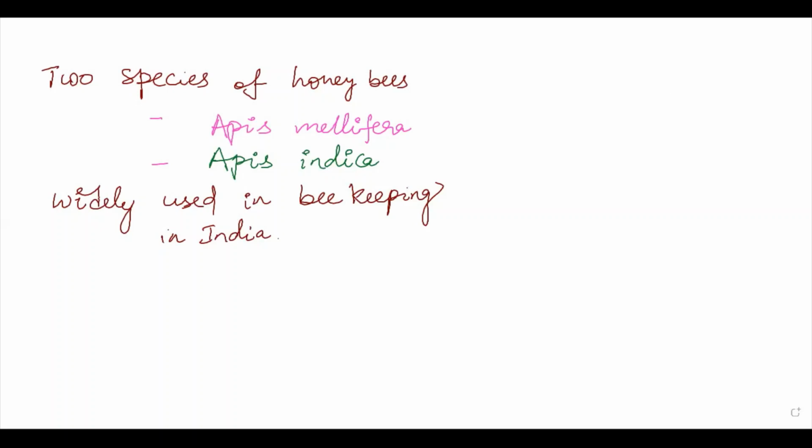In this, Apis mellifera is the European honeybee, or it is the Italian bee.